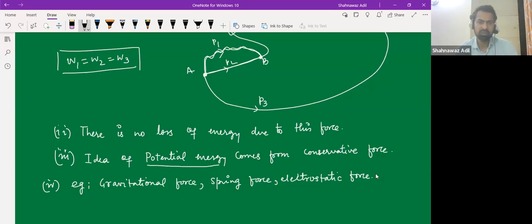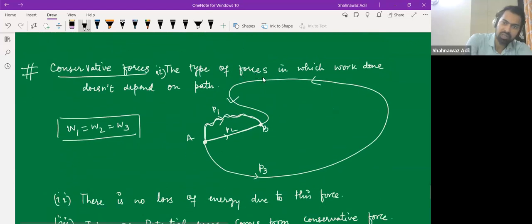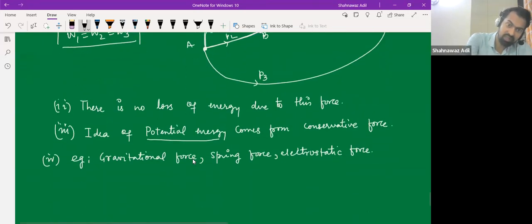Similarly, you will have the non-conservative forces, which depend upon the path, and there would be some loss of energy in the form of heat and others. The potential energy is not defined for non-conservative forces. All the definitions would be the same, just written in the opposite way.